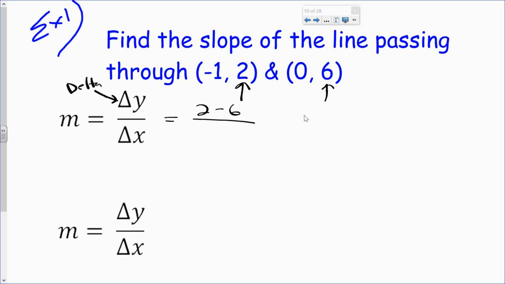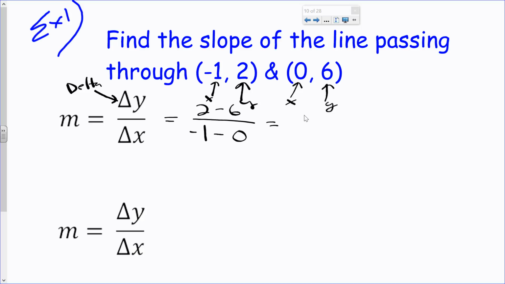Since I used 2 first for the numerator, I'm going to use the negative 1 first for my x's. Here's my x's. Here's my y's, right? So 2 minus 6 is going to be my numerator. Negative 1 minus 0 will be my denominator. Delta y, delta x. Change in the y values over the change in the x values.